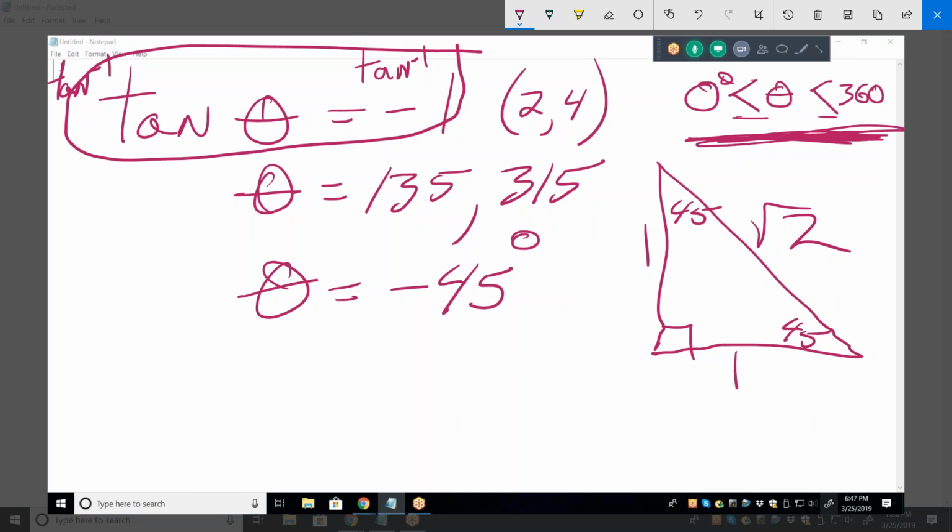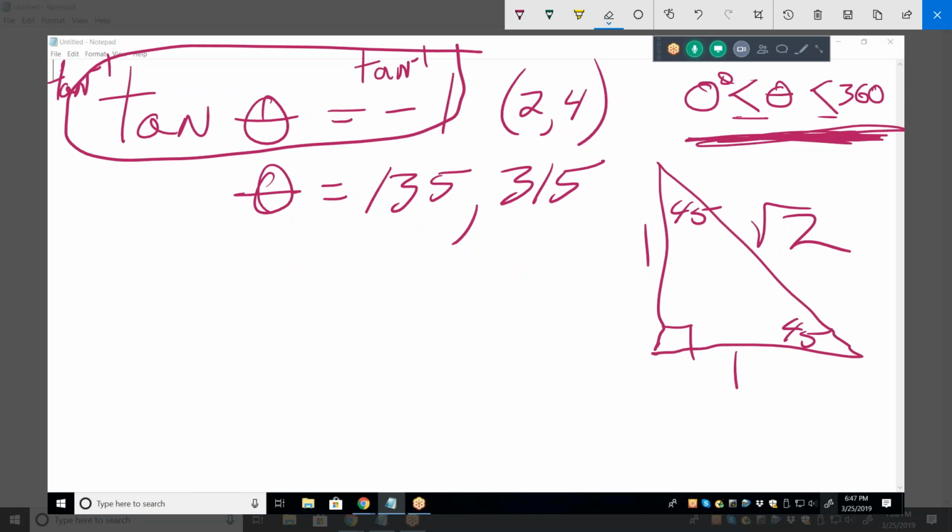Your calculator is not going to give you either of those answers. It gave you -45 degrees, correct? There's a reason for that. Your calculator, first of all, can only give you one answer. It can't give you both, because then it wouldn't be a function.